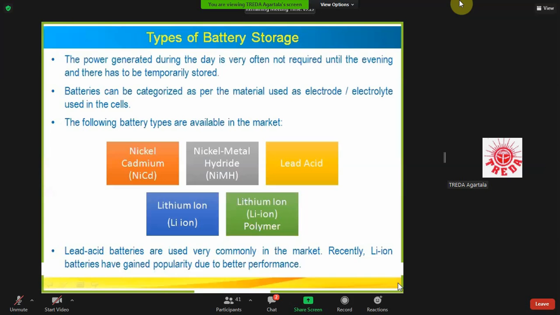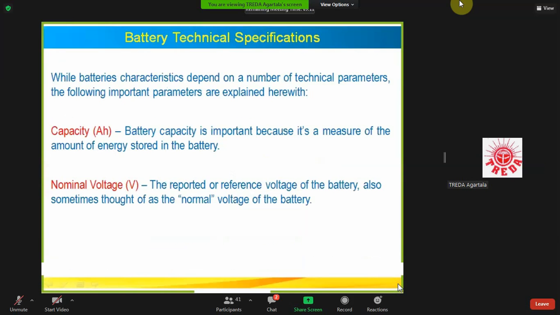Recently, lithium ion batteries have gained popularity due to better performance and less maintenance, because in street lights it is better to use lithium ion than lead acid battery. While battery characteristics depend on a number of technical parameters, the following important parameters are explained here.